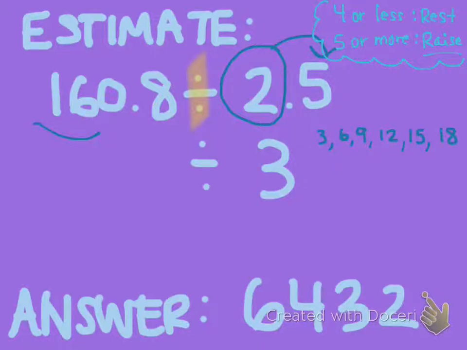I'm going to stop after 18 because the first 2 digits of 160 are 16. And 15 or 18 is pretty close to 16. So I'm going to choose either 15 or 18. I'm going to pick 15 because it's only 1 away from 16, but 18 is 2 away.